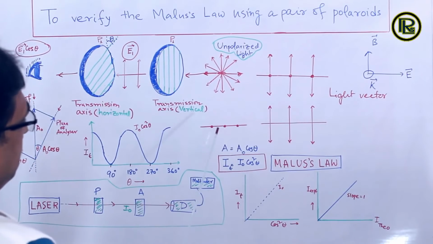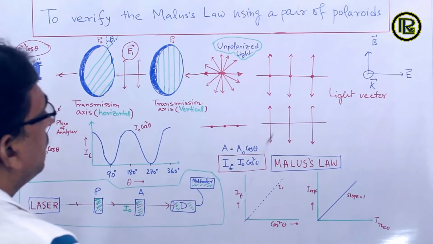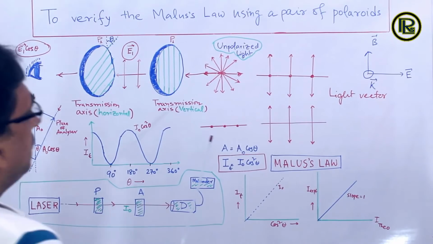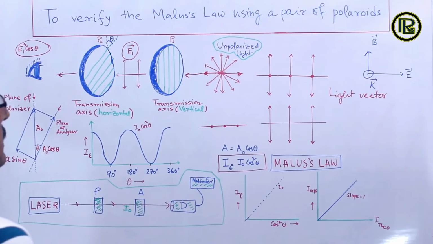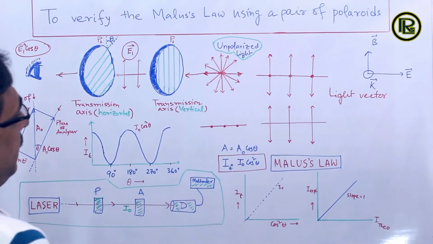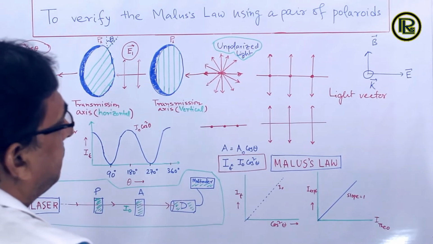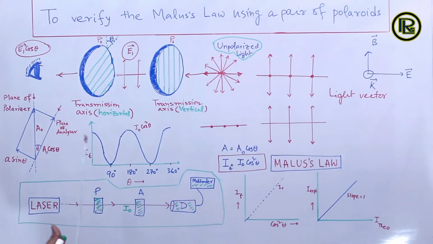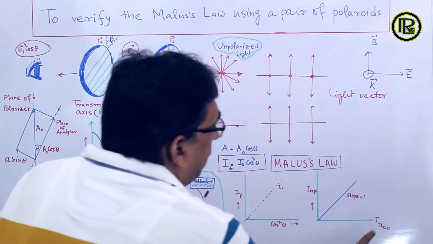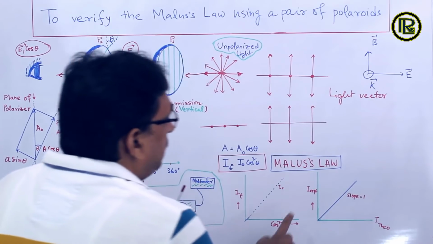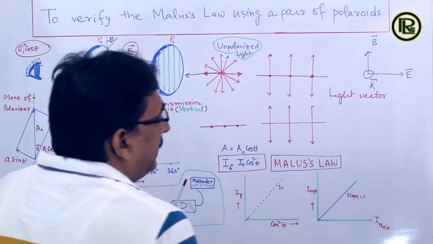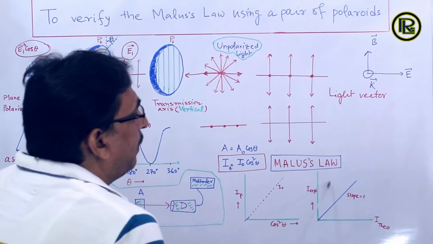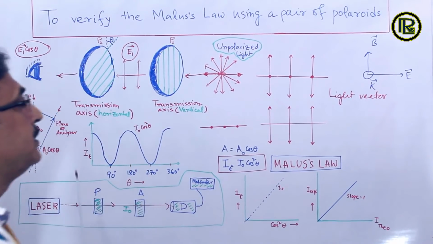From this equation we can obtain the theoretical value of A and the experimentally obtained value of A for a particular theta. So ideally we can have the theoretical intensity and the experimental intensity, and we can have a plot like this with a slope 1. So this is a straight line passing through the origin.